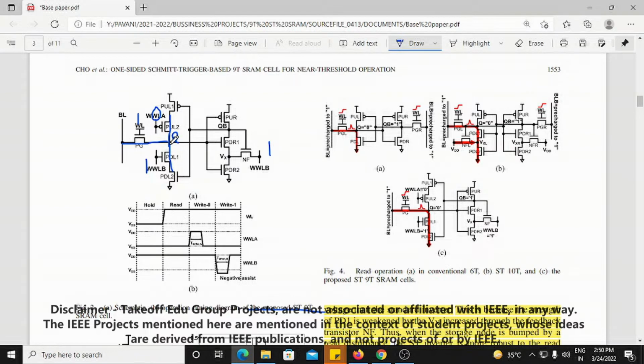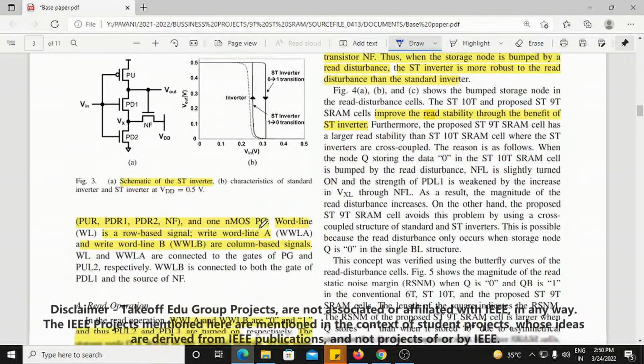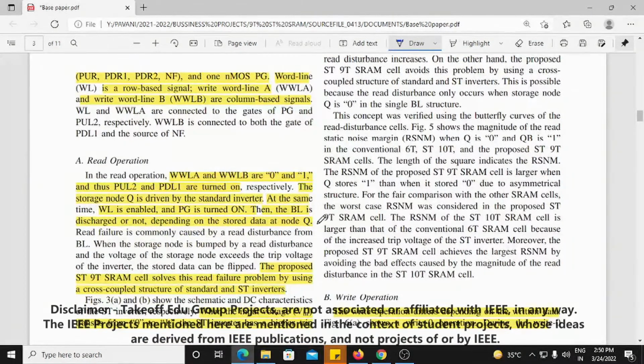After that, it is given to the inverter. Based on this output we achieve the QB value. Then the BL is discharged or not depending on the value of the node Q.